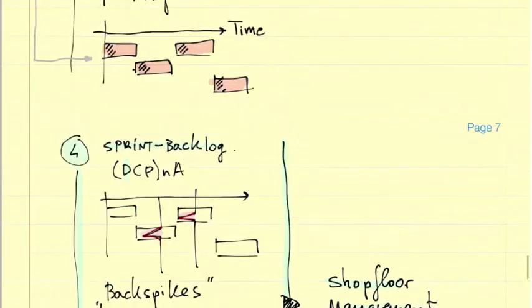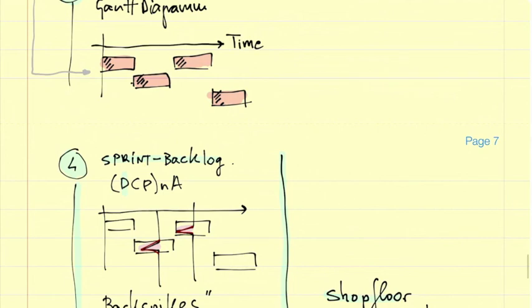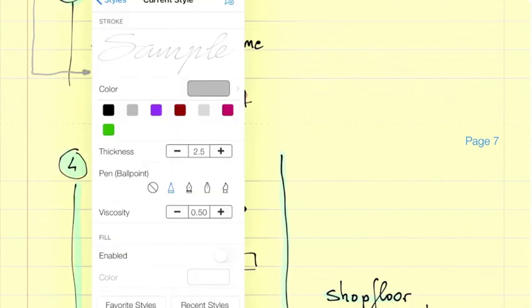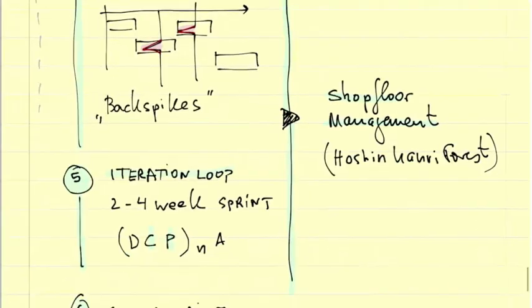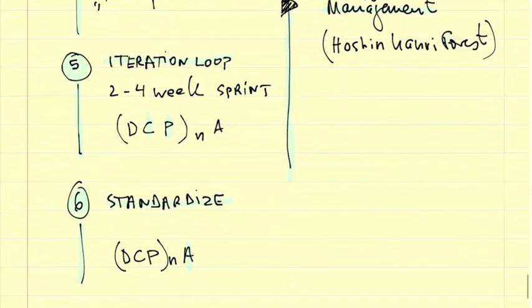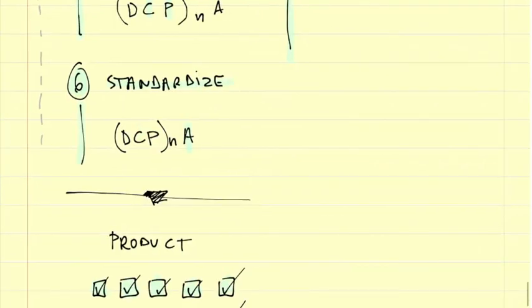Okay, so this is basically what we try to do with all the loops: to get the backlogs transformed into products, to basically achieve your goals.